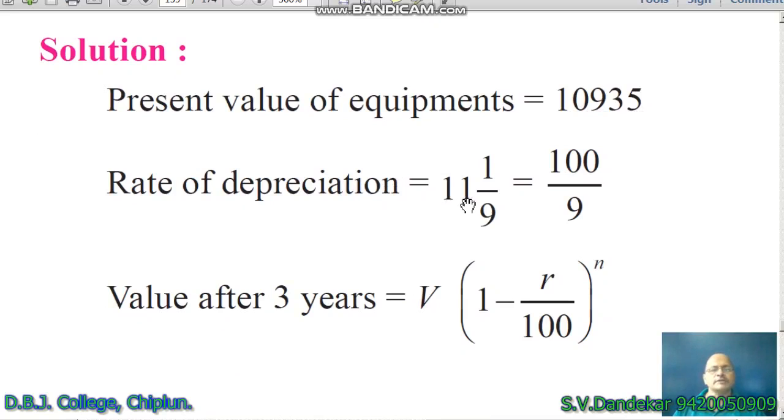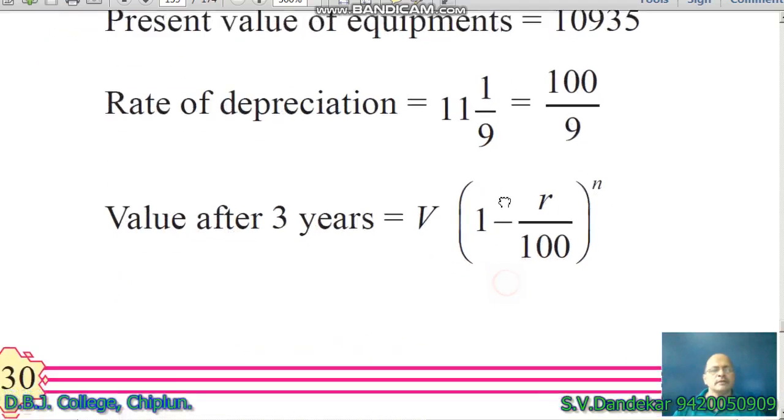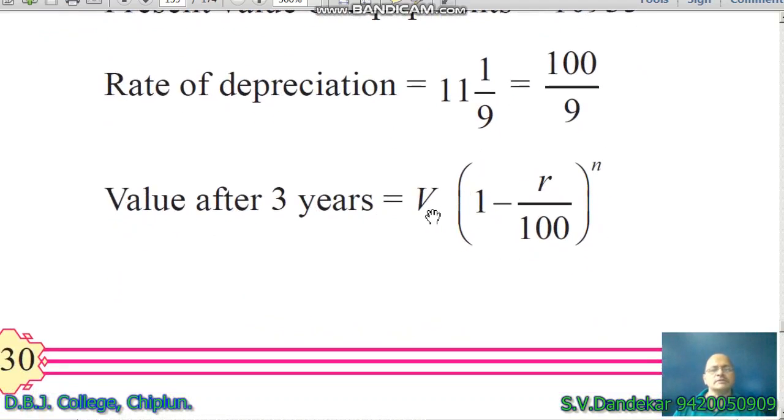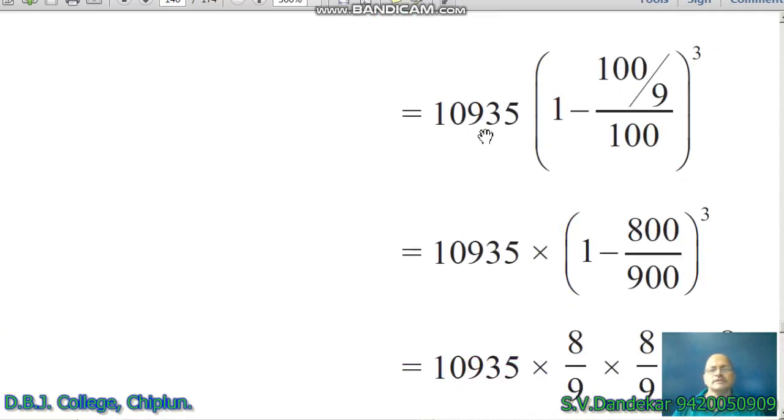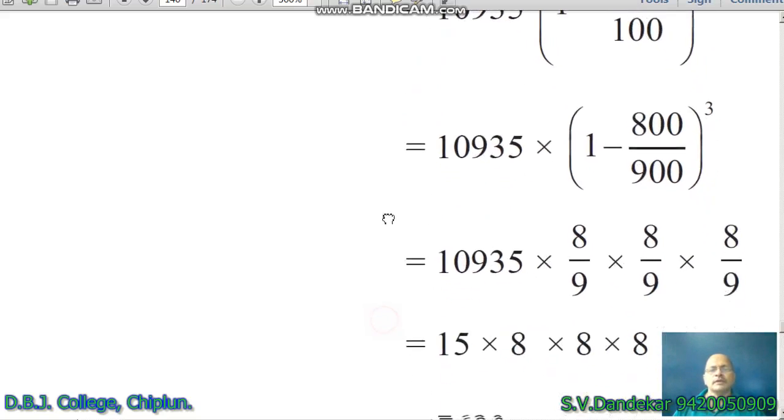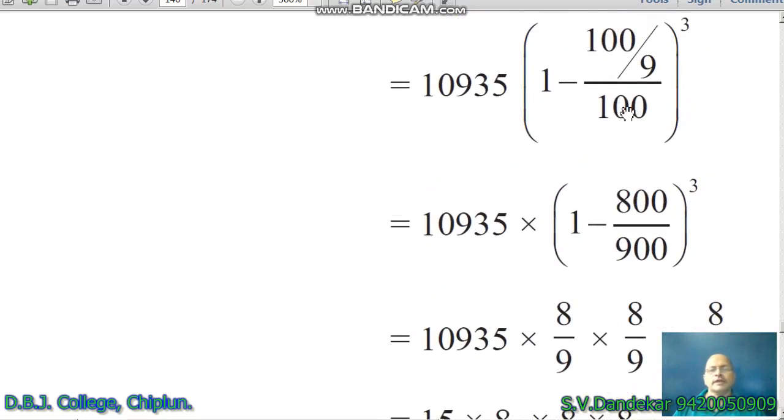Rate of depreciation is 11 1 by 9, that is 100 by 9. So value after 3 years is V into (1 minus R by 100) raised to N. This formula is applied. This is equal to 10,935 into (1 minus 100 by 9 upon 100) raised to 3. 100 will get cancelled. 1 by 9, 1 by 9.